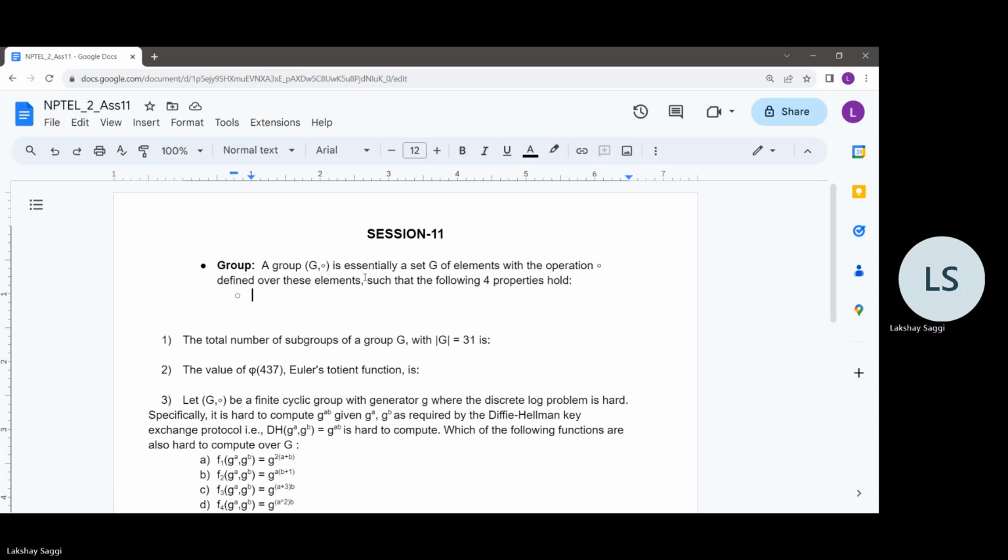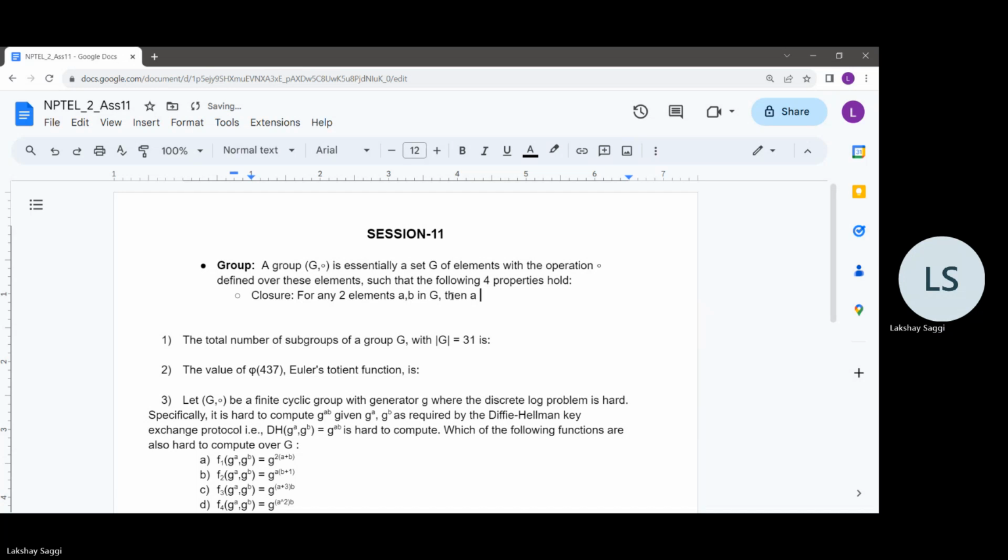The first property is closure. What this means is that for any two elements A, B in G, G is essentially a set of elements, so we can take any two elements of that set.